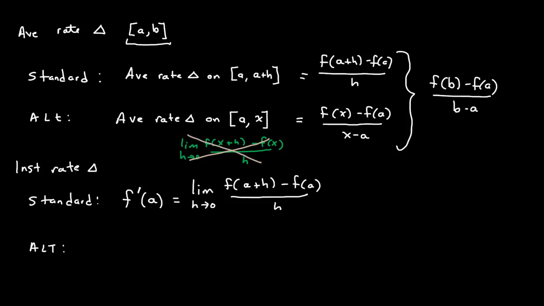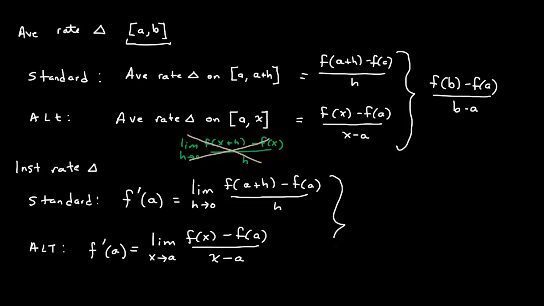So the answer would be a number, a real number, provided that it exists. The alternate, we're still going to use f prime of a, and the alternate definition would say the limit as x approaches a of f of x minus f of a all over x minus a. Now, of course, these are answers or numbers provided it exists.